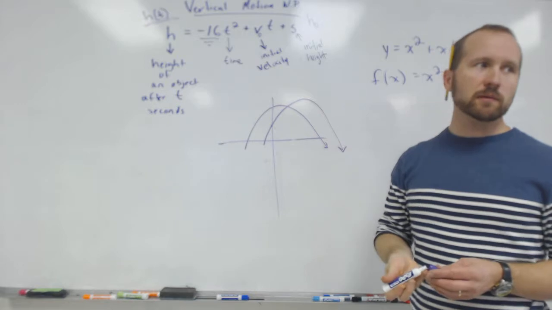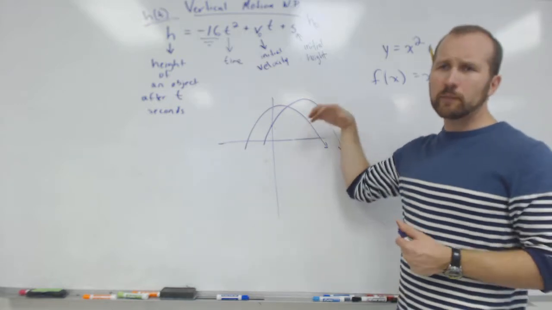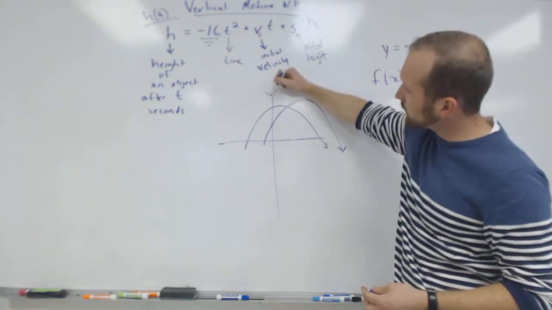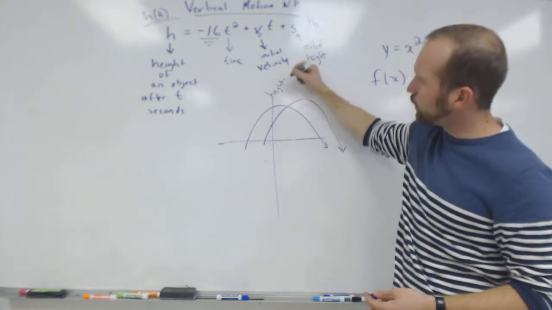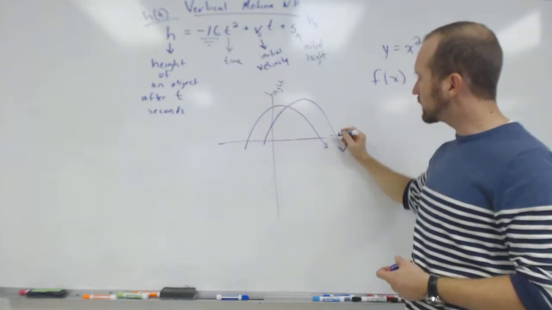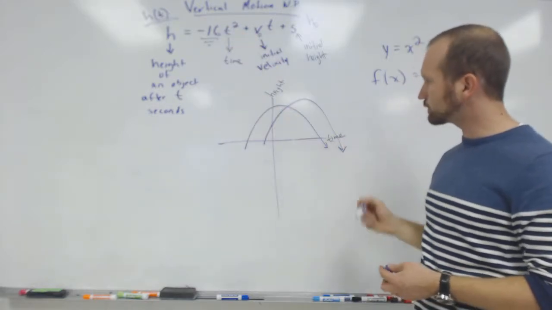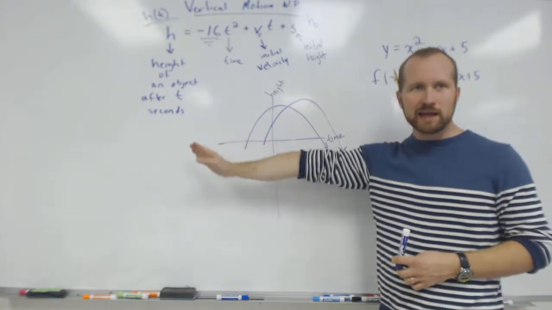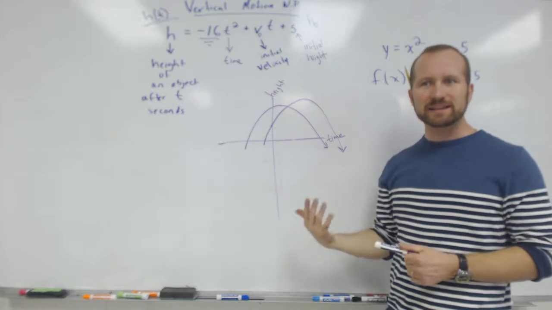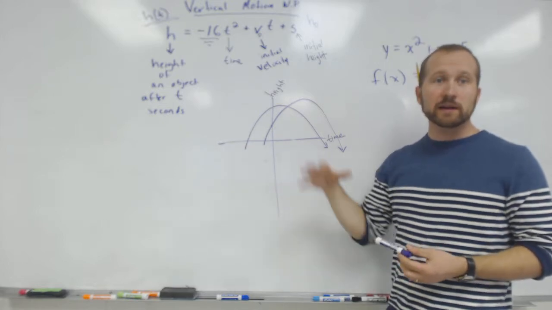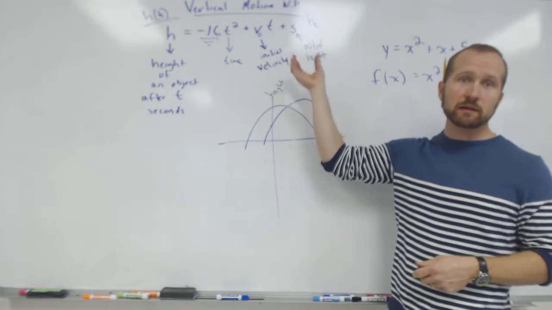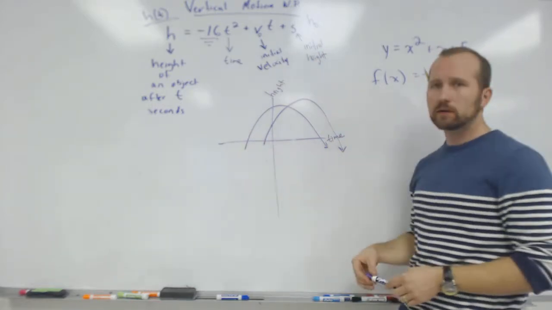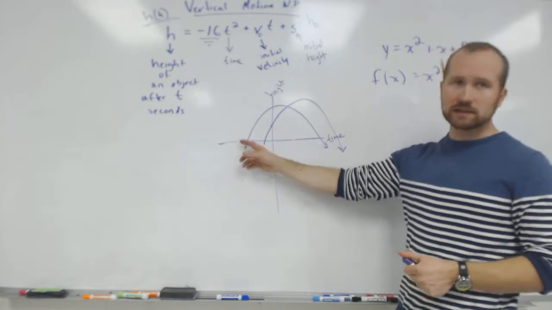And the thing about these problems is there's often parts of that parabola that make no sense. So if we think about this axis being our height, the y-axis is now our h-axis, and this axis is our time. The negative time doesn't make any sense in the real world. But in our mathematical model, in our mathematical equation, you will get answers where time is less than 0.